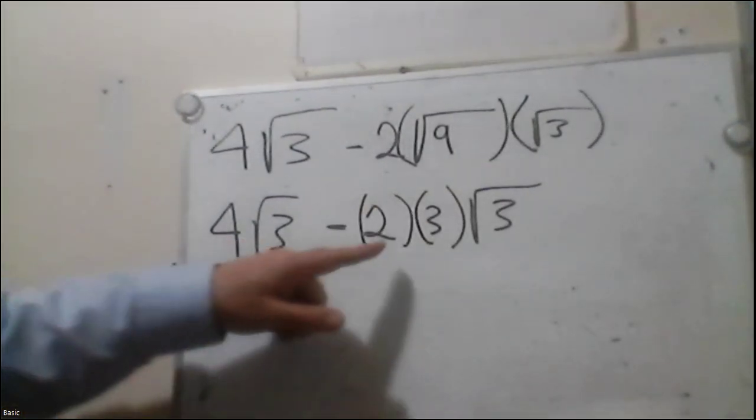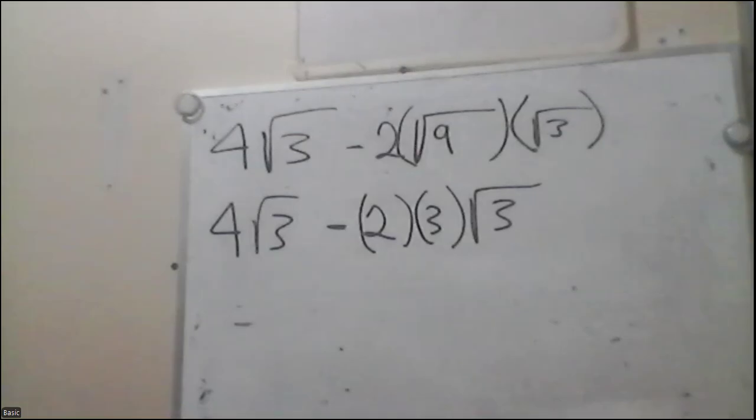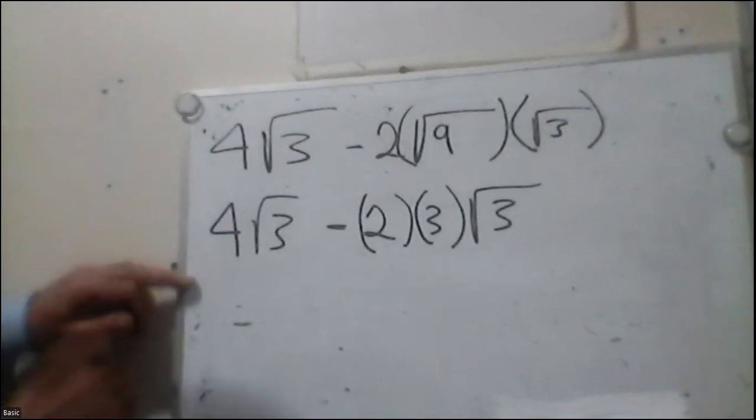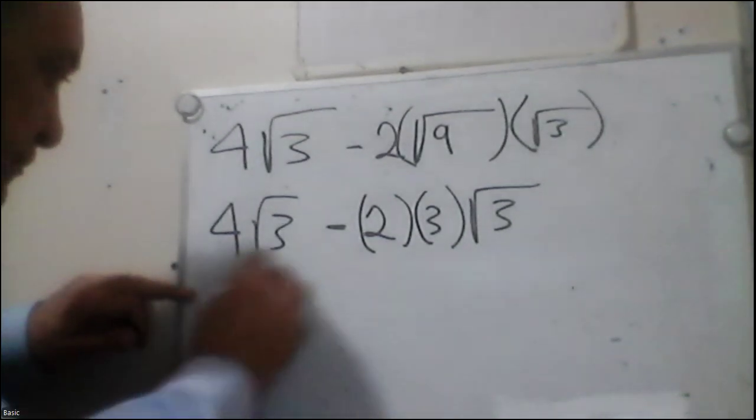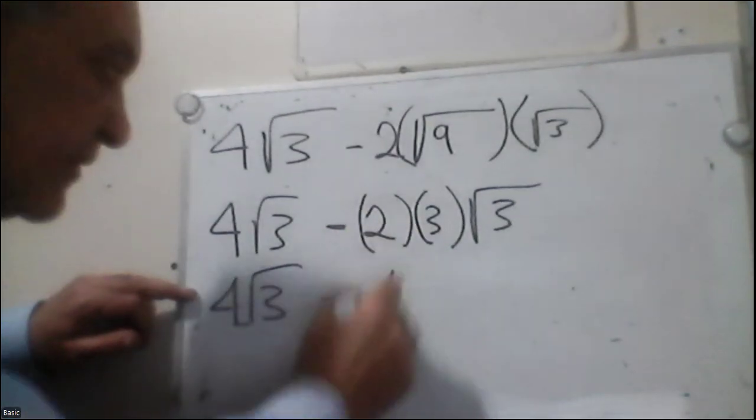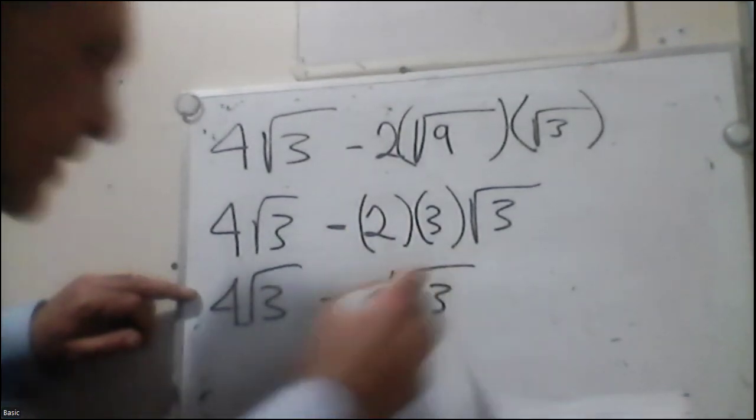Cool. That is very nice. Then that will equal 4 root 3 minus 2 multiplied by 3. That will give me 6 root of 3.